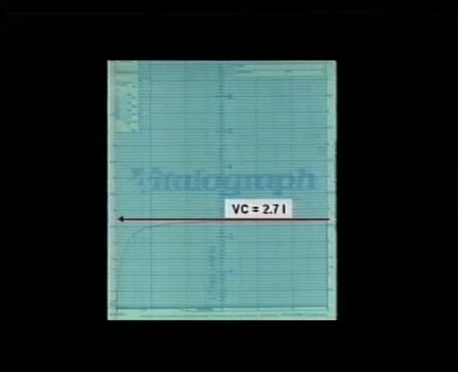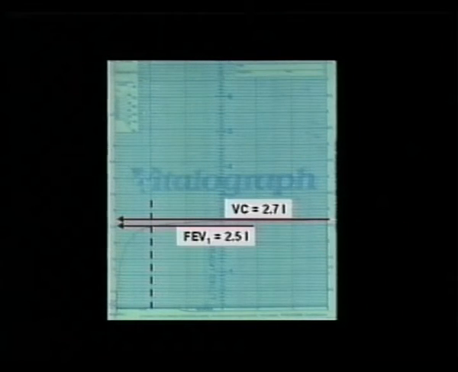Here, the vital capacity, the maximum volume of air blown out is 2.7 liters. FEV1 is defined as the amount of air that has been expired during the first second. In this case, it is 2.5 liters.